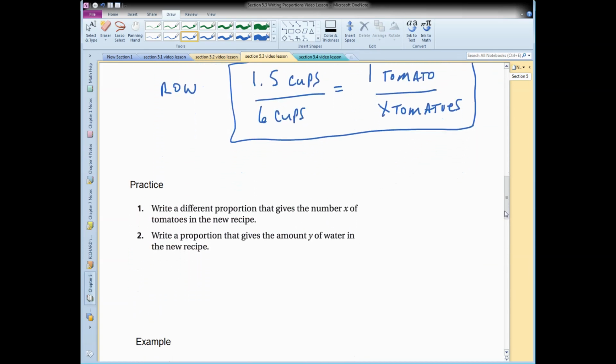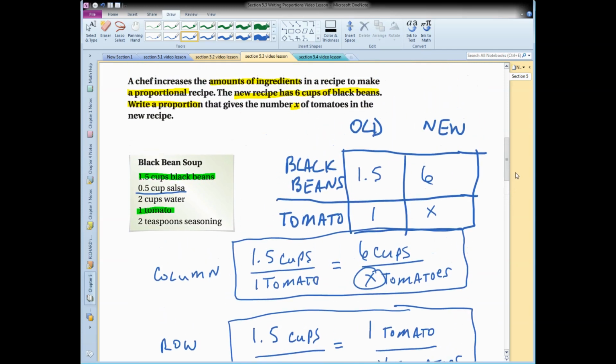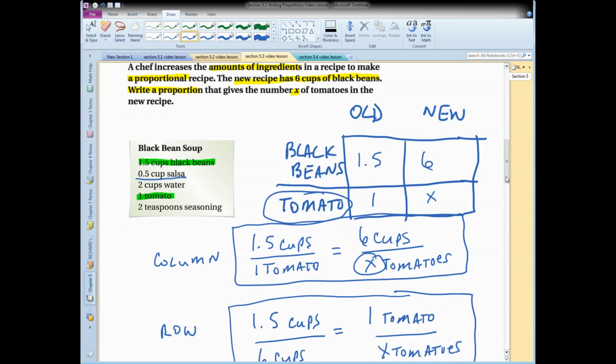So what about number 2? Write a proportion that gives the amount Y of water in the new recipe. All right. What would we do there? Well, instead of using tomatoes in our table, we can make one and substitute water in there. Why?